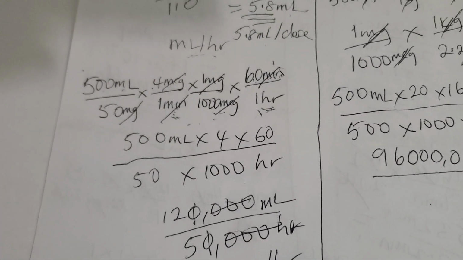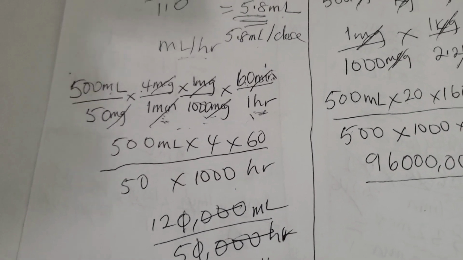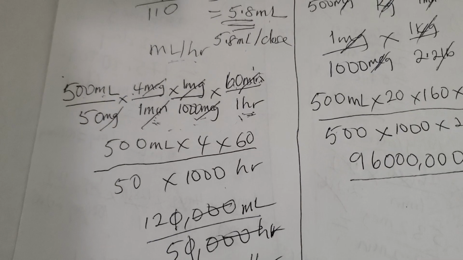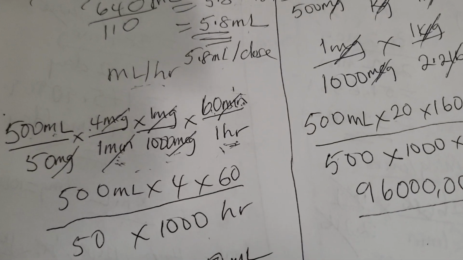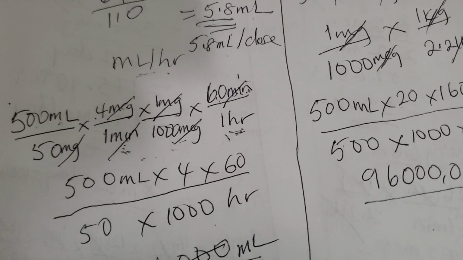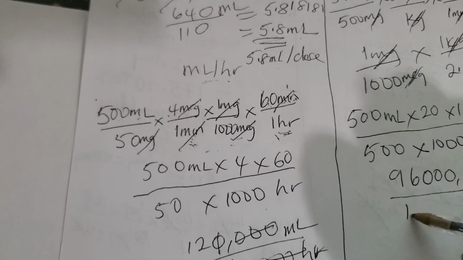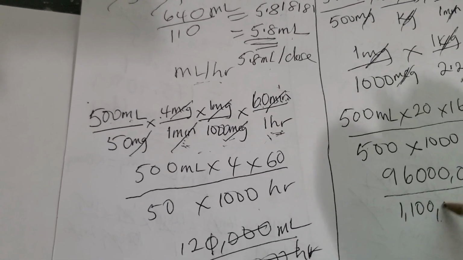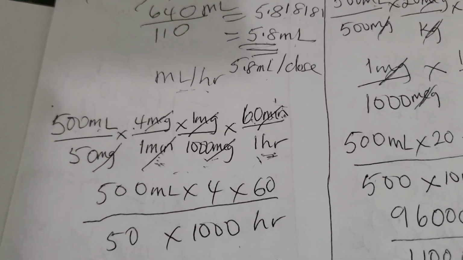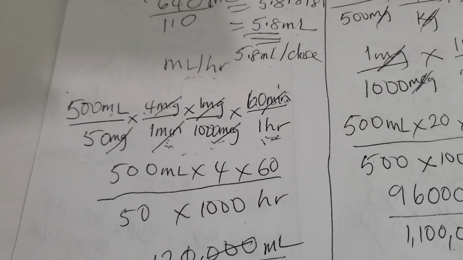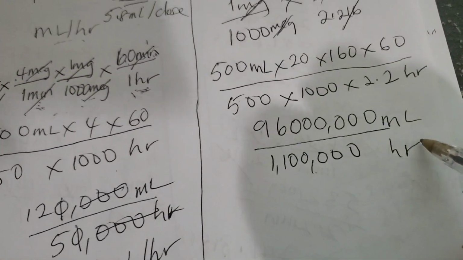All right. And then we have 500 times 1,000 times 2.2. All right, we have 1.1 million, like that. Okay, that's 5 of the zeros over there. All right, so this is ml, and this is hour.